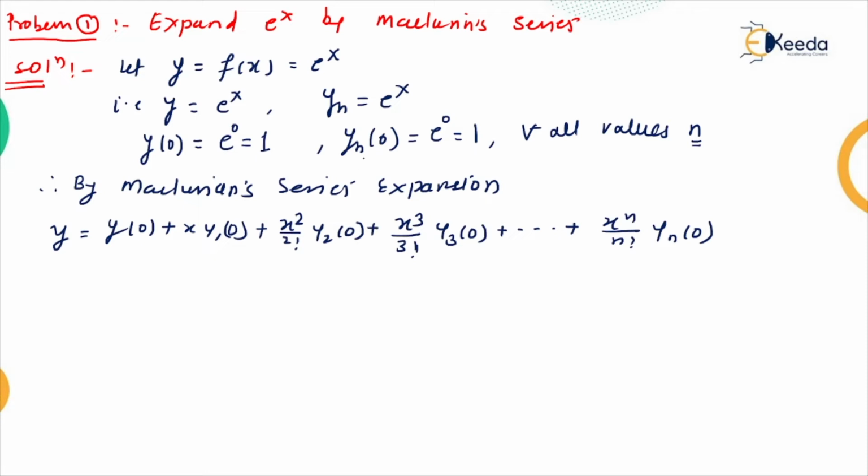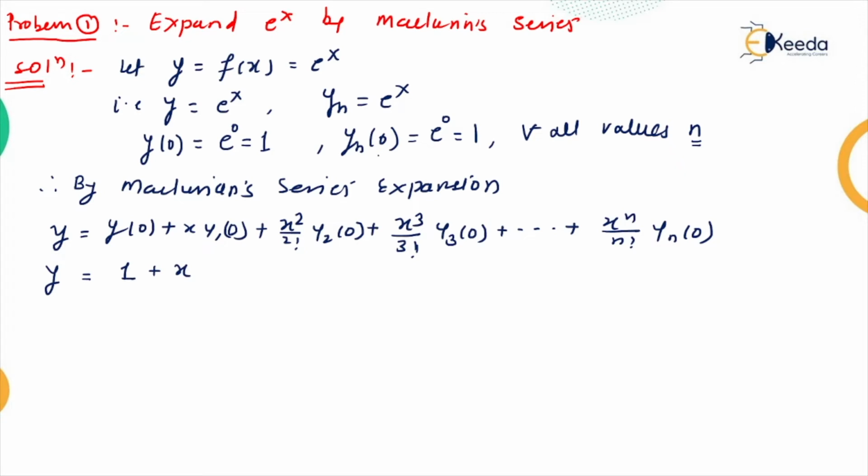Clearly, we have to find yn of 0. Here y of 0 gives the first term 1, plus the next term x into y1 of 0.